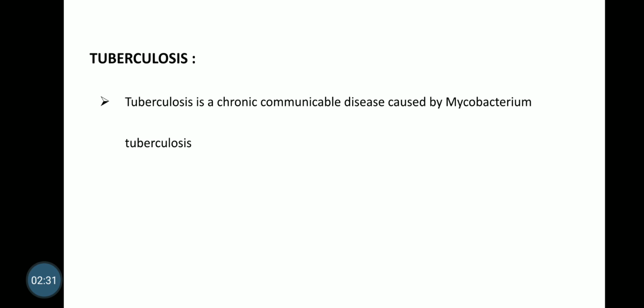These tubercular bacilli present in the environment get expelled from the infected person with active tuberculosis through coughing, sneezing, shouting and singing. When these bacilli are inhaled by a healthy person, they are inoculated into the respiratory bronchioles, generally towards the apex of the lungs.